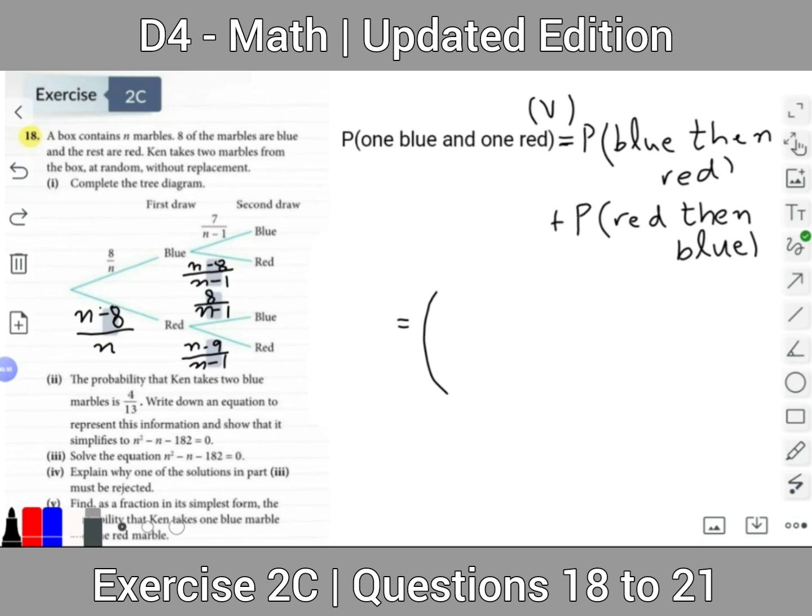The probability for the blue ball in the first draw is 8 over 14, since the value of n is 14, multiplied by, in the second row we have the red ball, 14 minus 8 over 13, plus red in the first row, 14 minus 8 over 14, multiplied by the blue ball in the second row, 8 over 13.